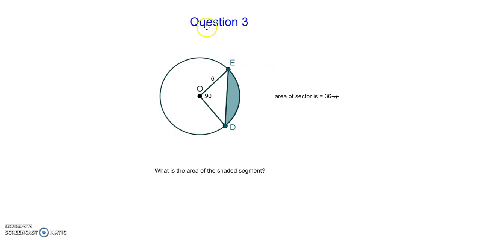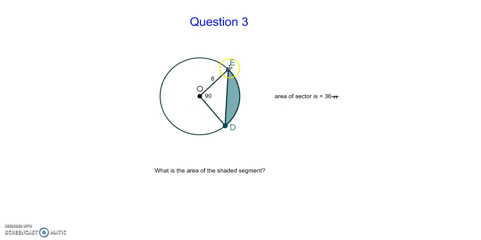So here we're going to end on question 3. Here I've used the drawing we had before to help us illustrate what we just learned, hopefully through this question. So we have a radius here of 6 for OE.